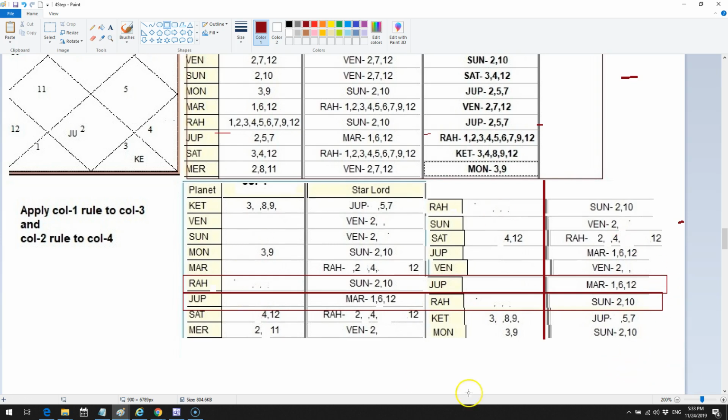Now if you look at the 4-step layout, you see that these planets are very good from the professional point of view, and you have a lot of the 2, 10 and 6th houses appearing in the 4-step layout. That obviously makes the person's professional life very good.